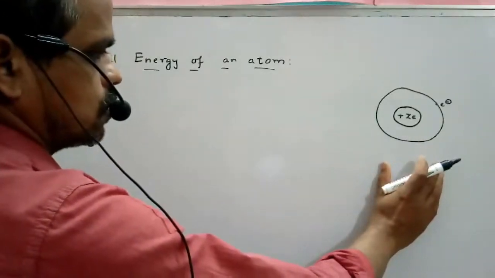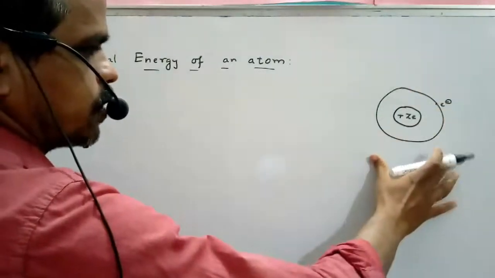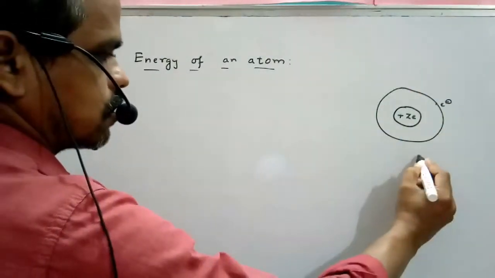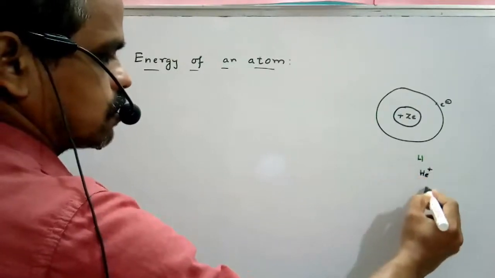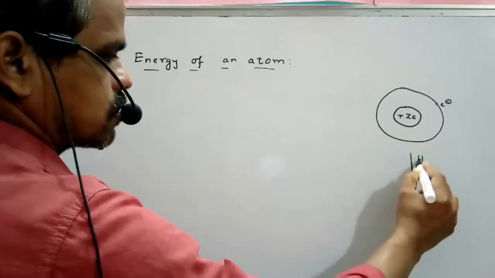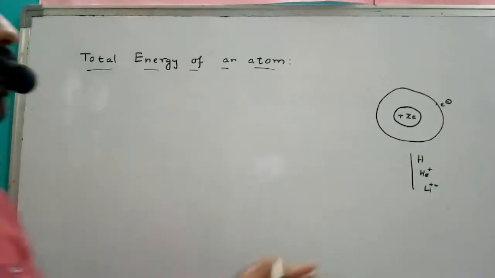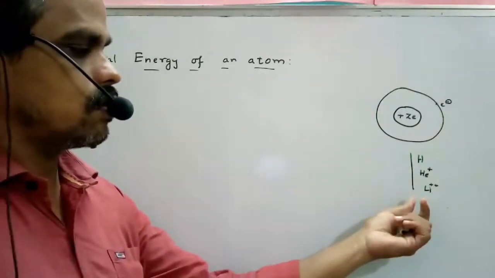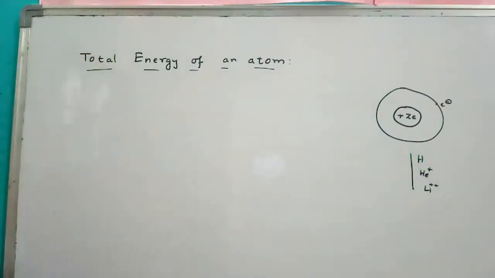Bohr's model explained one electron systems: the hydrogen atom, helium plus and lithium plus plus. Last class I discussed these atoms. So these three are one electron atoms. Bohr's model discussed one electron systems only.